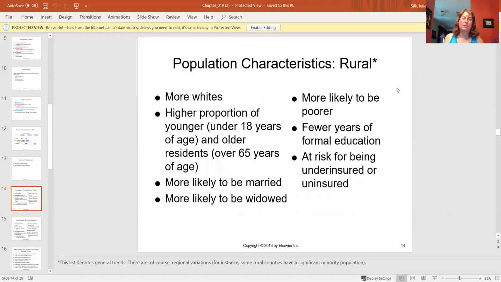When you talk about a rural area, usually it's more whites than any other race out in the rural areas. There's a higher proportion of younger residents, under 18 years of age, and older residents over 65 years of age. Usually these people are more likely to be married. Some of them may be widowed. They're more likely to be poor, have fewer years of formal education, and be at risk for being underinsured or uninsured.